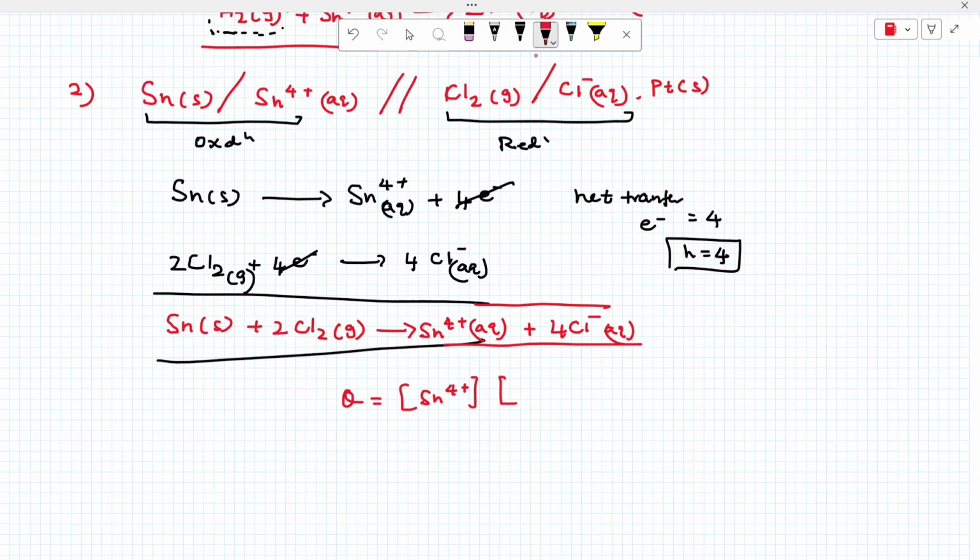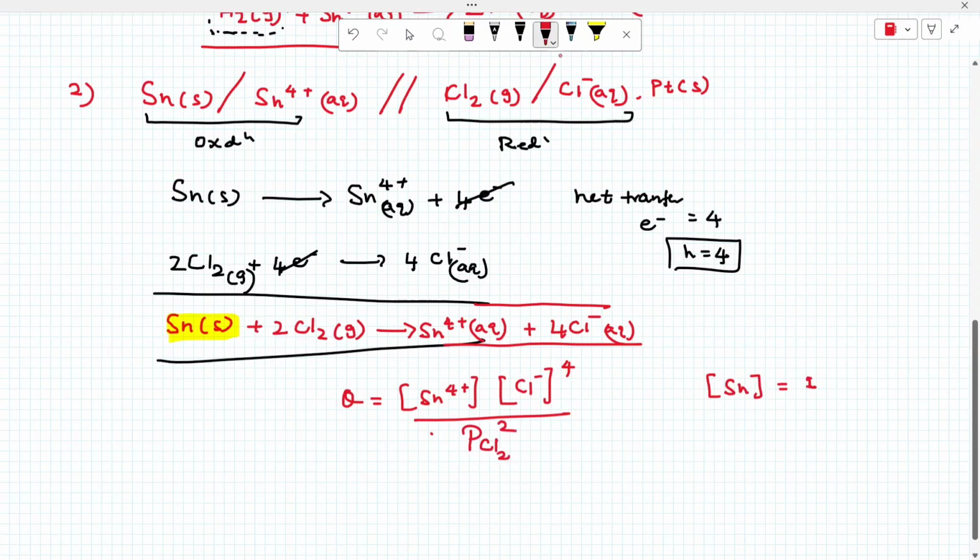Here, Cl- to the power 4 divided by the active mass of tin. What is the active mass of tin, students? This is a pure solid, right? What is the value? Nothing but 1. Therefore, the partial pressure of Cl2 squared. This is the Q value for this reaction.